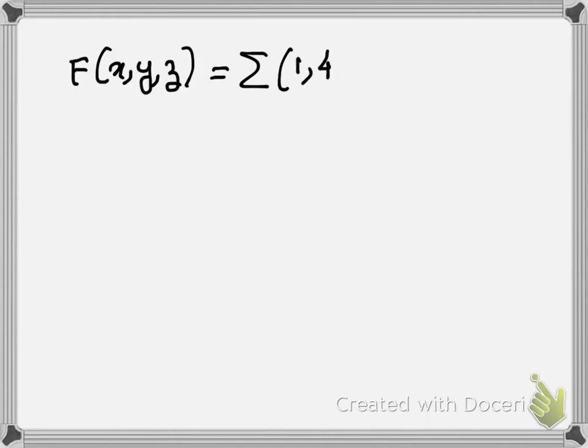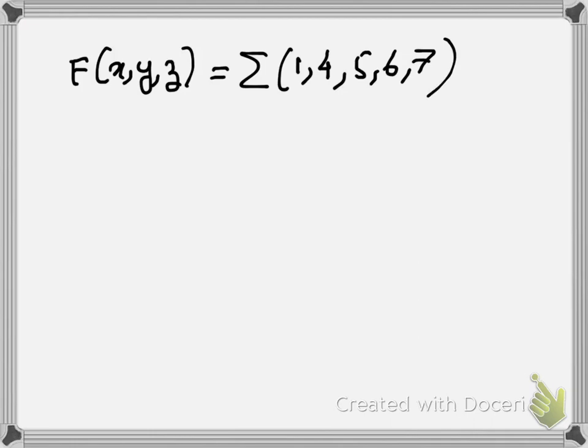Let's say I have a function f on variables x, y and z. Let me write it like this: f(x, y, z). I'm not going to write the extended terms, so I'll just write it in this shortcut notation: summation 1, 4, 5, 6 and 7.